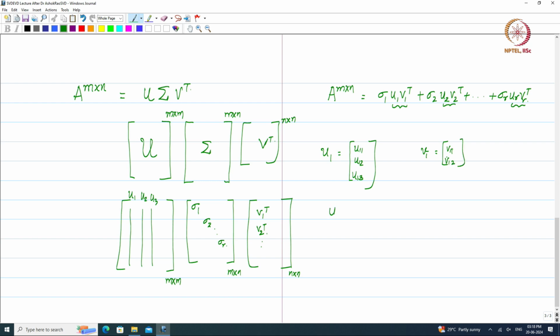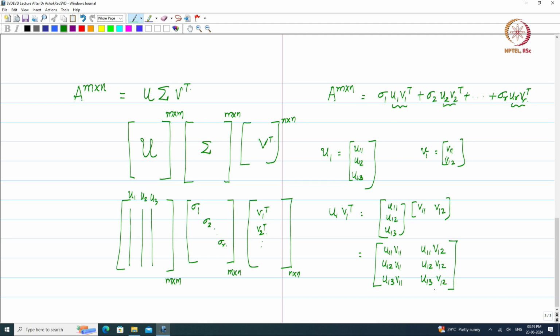Now, what does U1 V1 transpose give? That's basically U11, U12, U13 times V11, V12. So we get U11 V11, U11 V12, U12 V11, U12 V12, U13 V11, U13 V12.